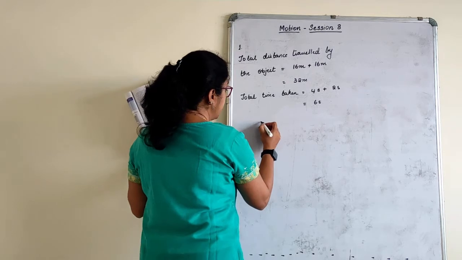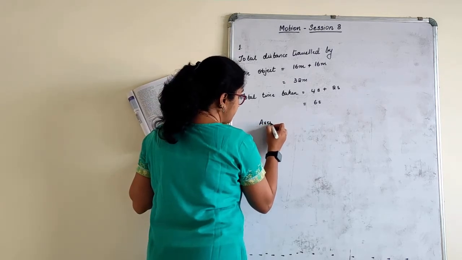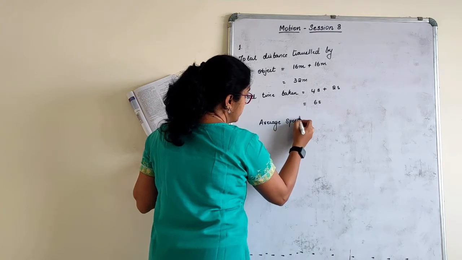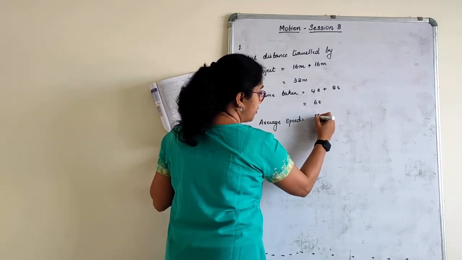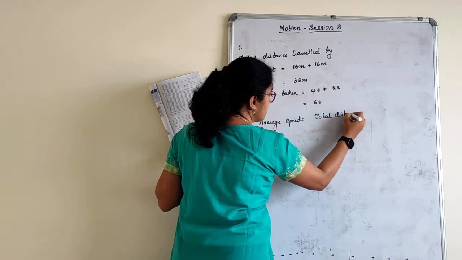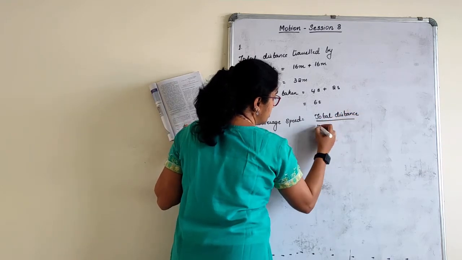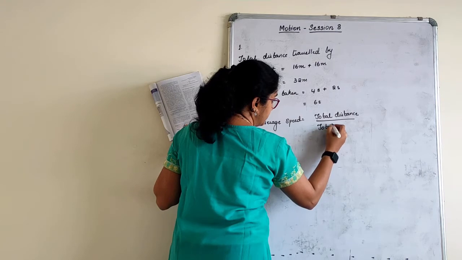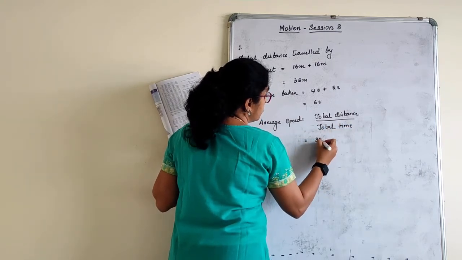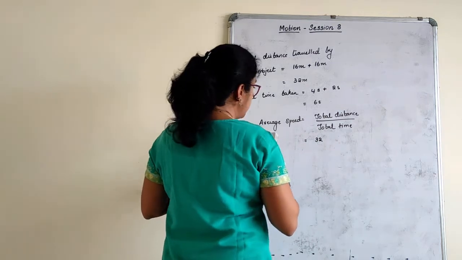What we have to find? Average speed. Average speed is equal to, we know the formula, total distance upon total time, right? Just substitute the values. So 32 divided by 6.